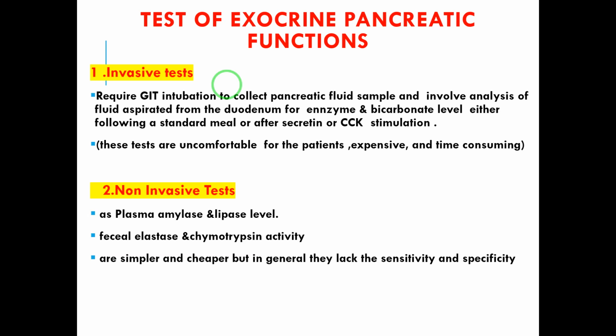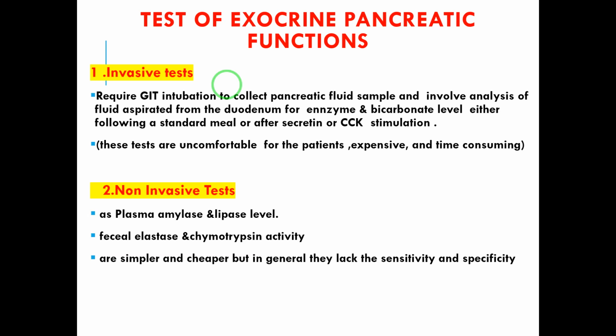Putting a tube in this way is an accurate method, but it is uncomfortable for the patient. Most patients refuse the tube, and it is expensive and takes a long time. So we do not prefer this method. It is not very practical, although it is very accurate.